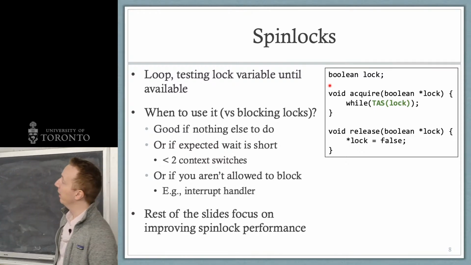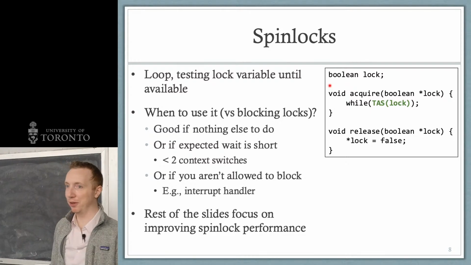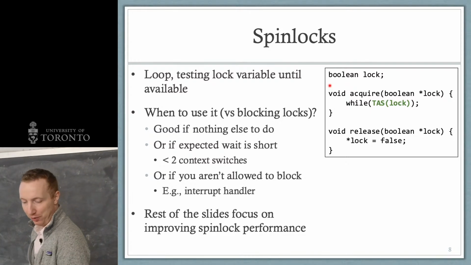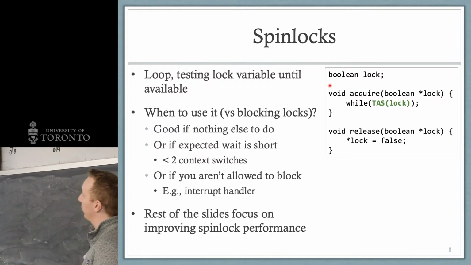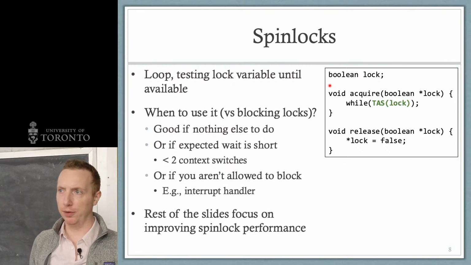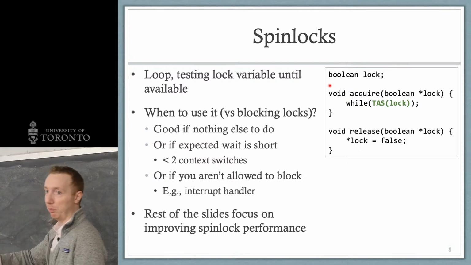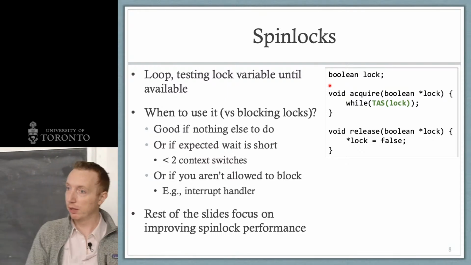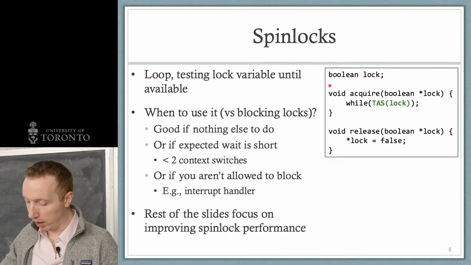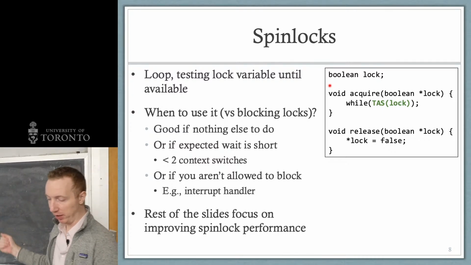So if I have nothing else to do, sure, go ahead and use it. If the expected wait is really short, go ahead. Some other things I could do, which should be reviewed from operating system courses: if I don't acquire that lock, maybe I put myself to sleep for a little bit of time, maybe I run something else, or just context switch to something else.